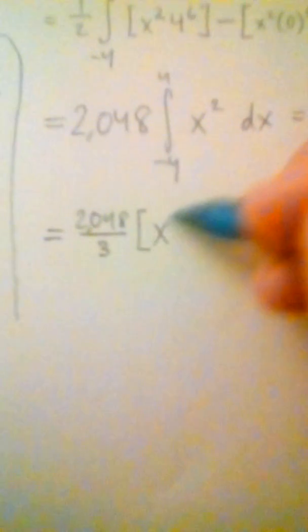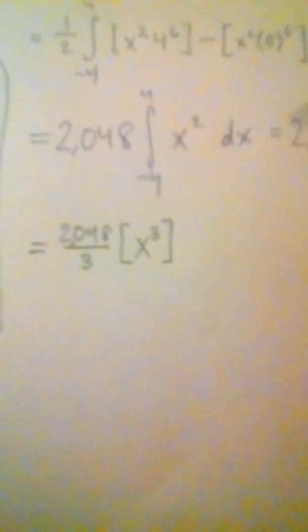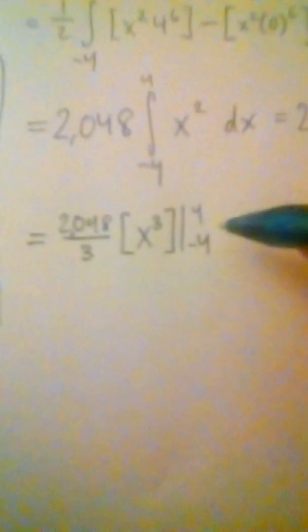and then x cubed with the boundaries right there. Of course, to figure that out, we have our constant right here, and 4 to the third, and then we do minus the lower one, so minus negative 4 cubed. We end up with 64 minus negative 64.